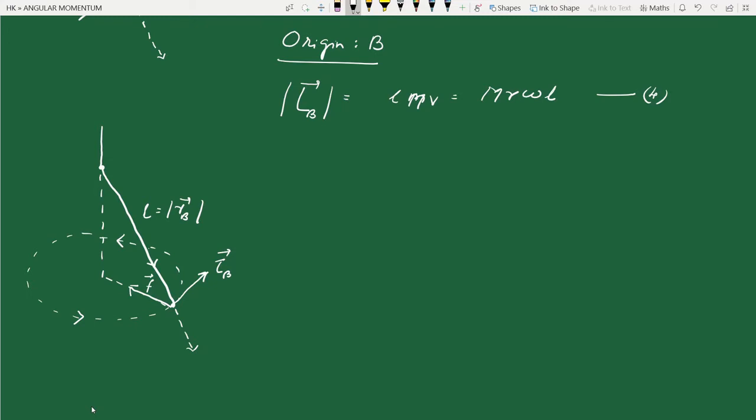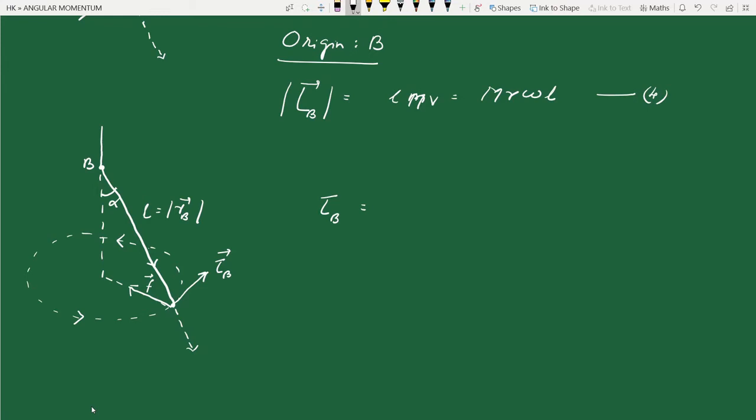So what is the magnitude of torque? This angle is alpha. What is the magnitude of torque about the point B? For that we need the perpendicular distance from the point B to the force.